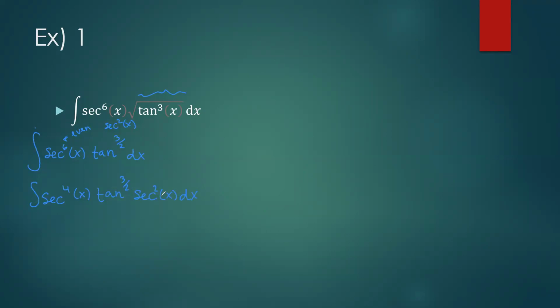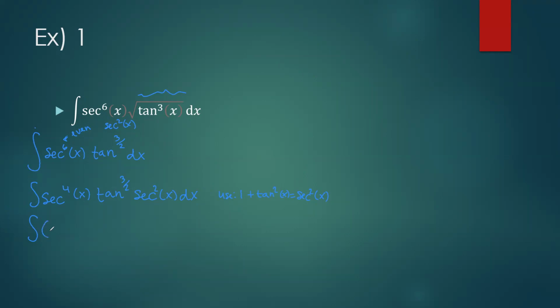Okay, so that's what I did. Now I'm going to use one of my trig Pythagorean identities: 1 plus tan squared x equals secant squared x. So wherever you see secant squared x, I'm going to replace it with this. The secant to the 4th x is like saying secant squared x raised to the second power.